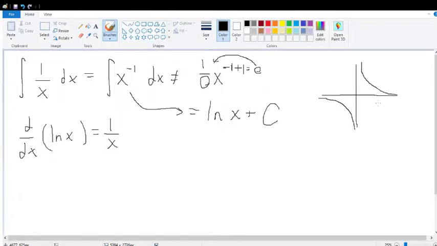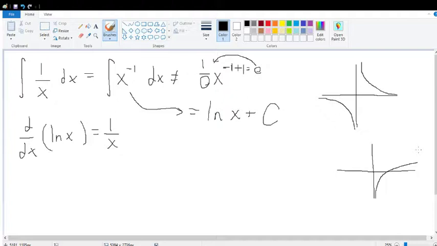In terms of domain. Well, if you take ln x, its supposed antiderivative, it's only defined on the right side, on the positive side. Well, we can't use an antiderivative that only works on half of the function.